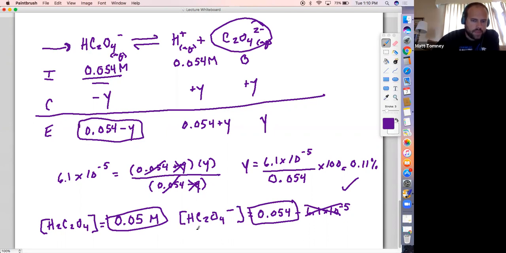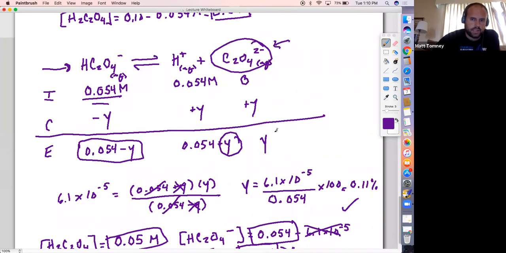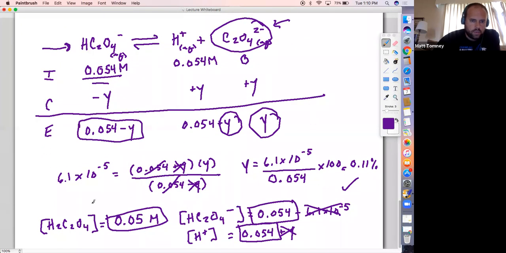Okay. The same thing is going to be true of H+, and the reason is that H+ at equilibrium is going to be equal to 0.054 plus Y, right, which was up here. So again, if Y is this very small value, it doesn't contribute overall, and H+ is equal to this. And then to finally conclude, we say what is the value of the base right here? It's equal to Y. Well, Y was equal to 6.1 times 10 to the minus fifth.